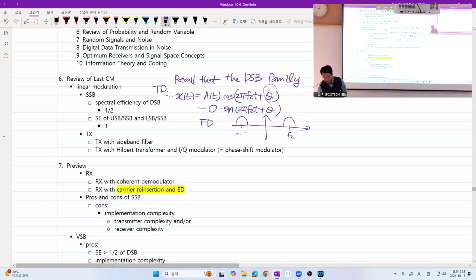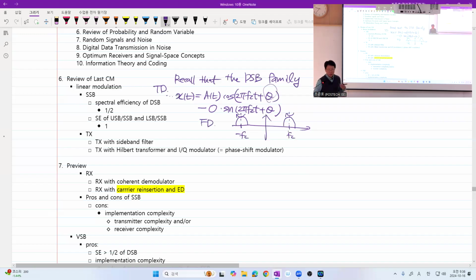You have not only conjugate symmetry that is inherent to all real valued signals, but also a conjugate symmetry with respect to the carrier frequency Fc and negative Fc. Got it?